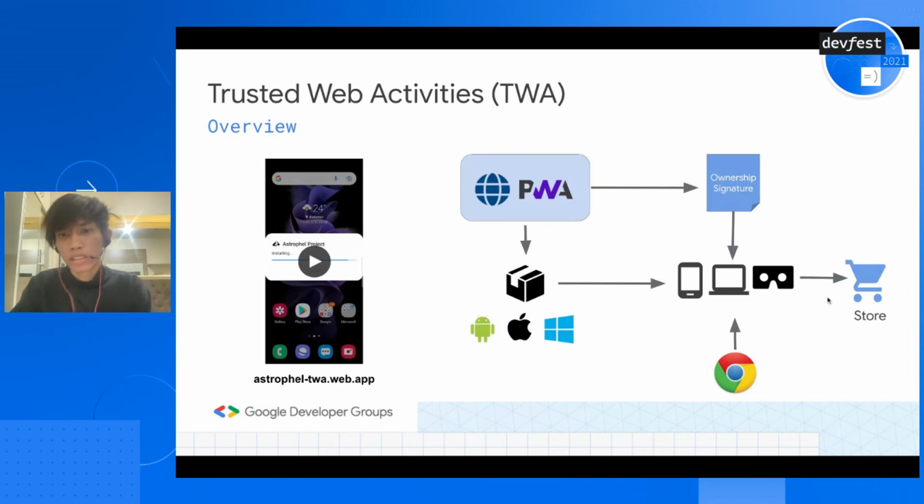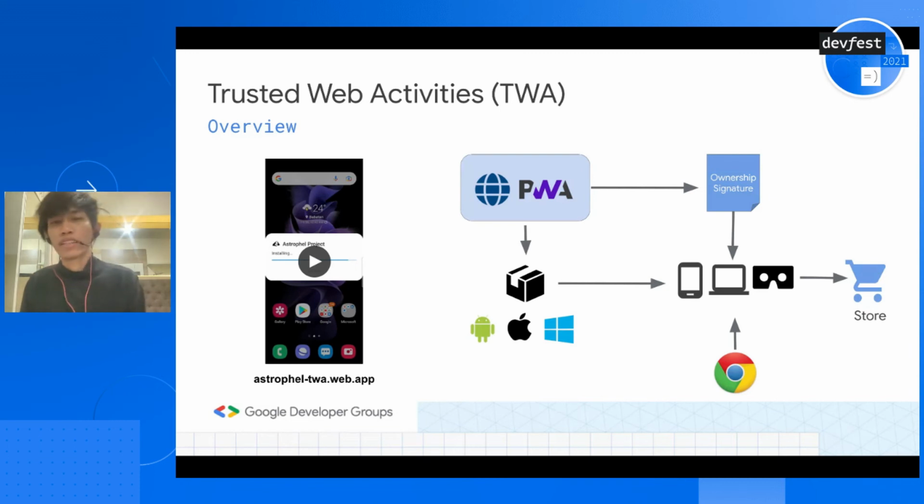So as you can see, a PWA requires an ownership signature. In order to make a trusted web activity, it requires an ownership signature. Why? Because the deployed website is something everyone can access. Someone could say, hey, this is my website, this is my TWA, I want to make an application based on that. Everyone can do that, and of course that's not right, right?